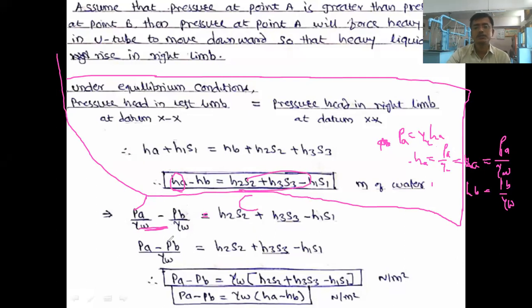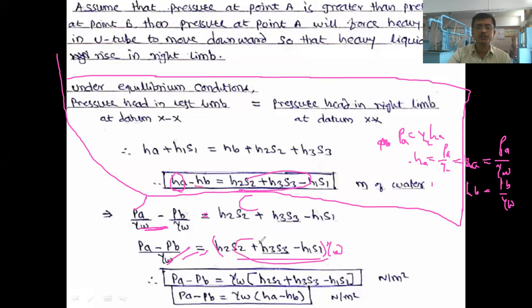Here the denominator is common, so you can write like this, and if you take this on the RHS, you will get it multiplied by gamma W. Now, as we are aware, this bracket is nothing but HA minus HB.